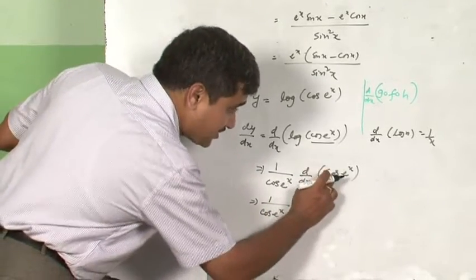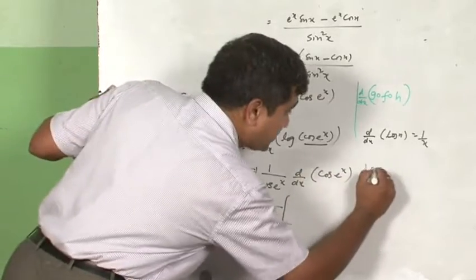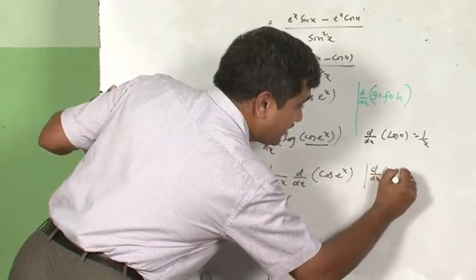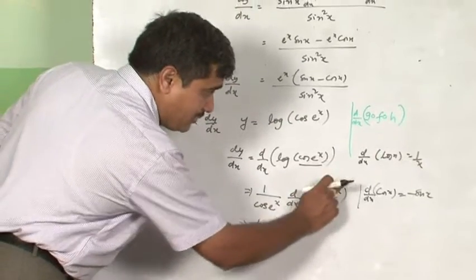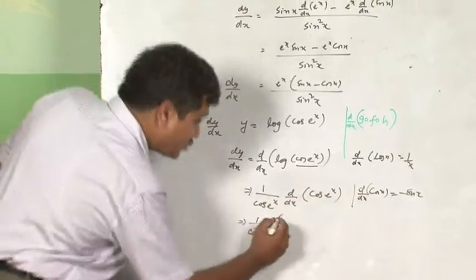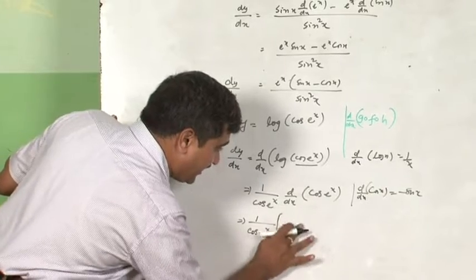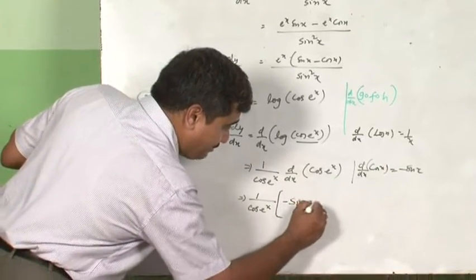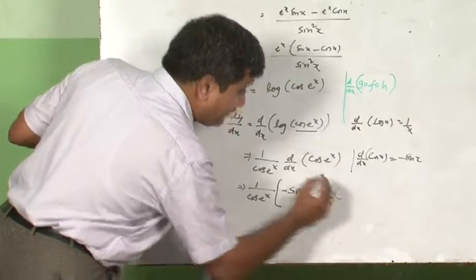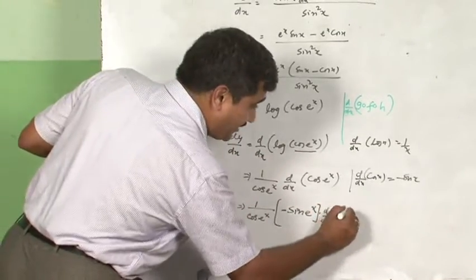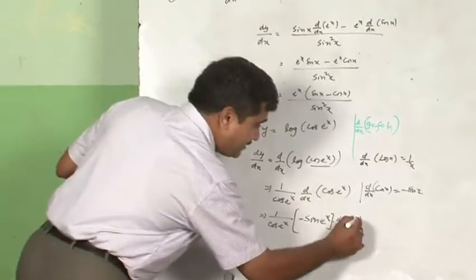Here it is going to first differentiate cos. What is the differentiation of cos x? Cos x differentiation is minus sin x. Here cos has got e power x but not x. So therefore, first you differentiate it and write it as sin e power x into, again differentiating the one which is not x, that is e power x. So what happens here?